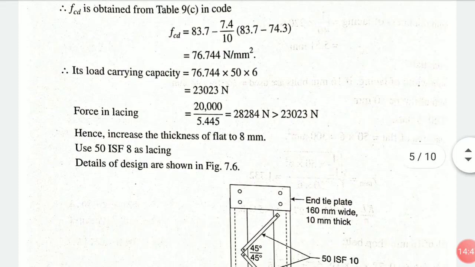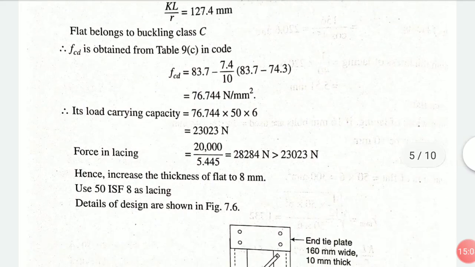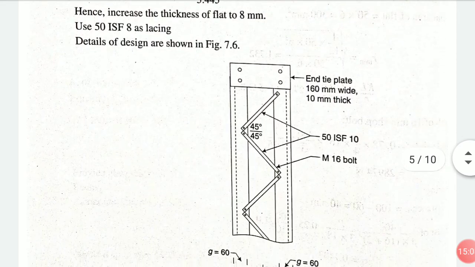So hence use 50 ISF, that is 50 mm Indian Standard Flat, and the last number means the thickness of that plate, so here I am using 6. So write 6 there. Use 50 ISF 6 as lacing and indicate it in the drawing here.